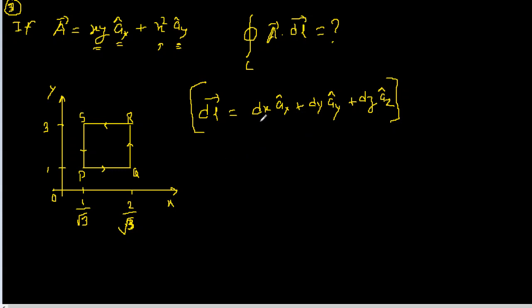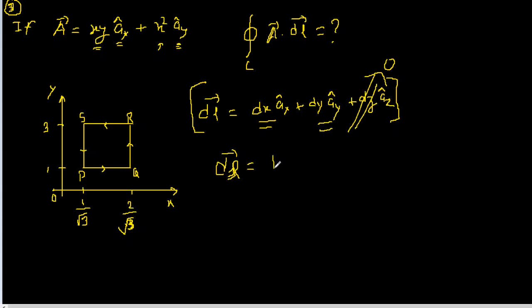Here we are given x direction and y direction, so we can neglect z direction. dl basically means the line or surface and the coordinates that we take to deal with the given problem.